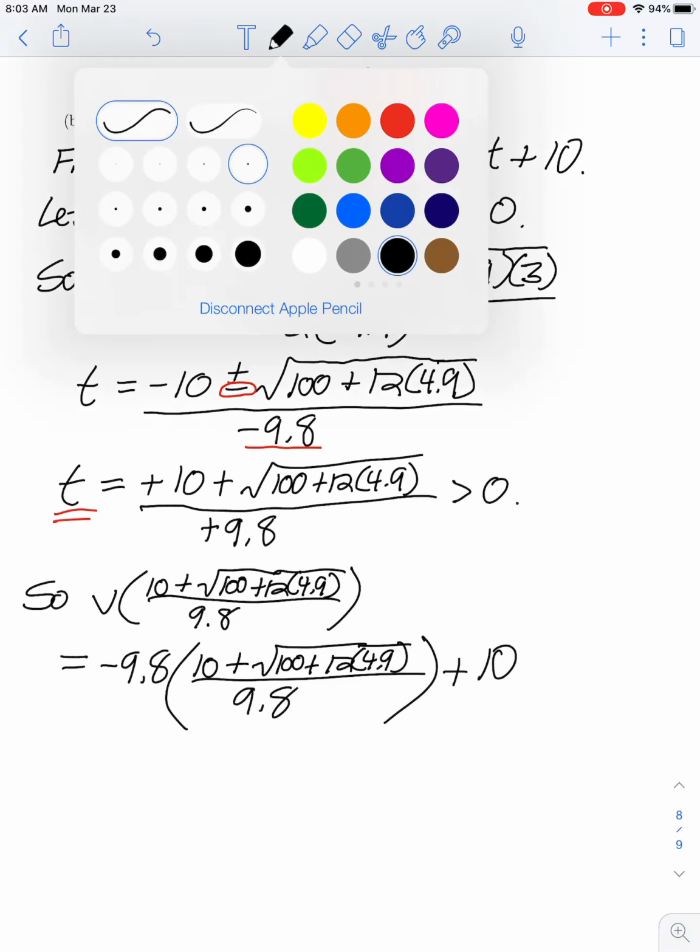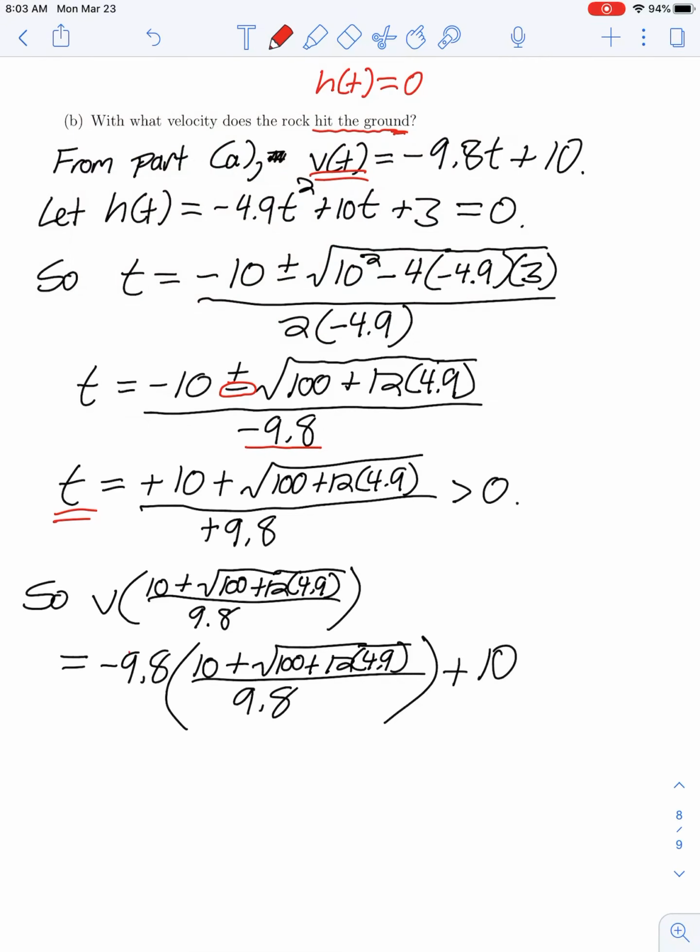So here this looks a little messy initially, but it simplifies pretty well. We see that our 9.8 in the numerator and denominator here will cancel, and so we are left with a negative 10 minus the square root of 100 plus 12 times 4.9. So we distribute that negative that we had out in front, and then we're adding 10.